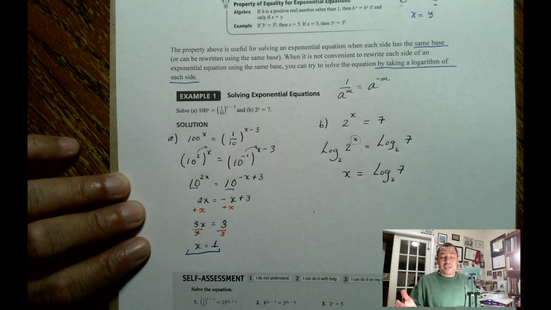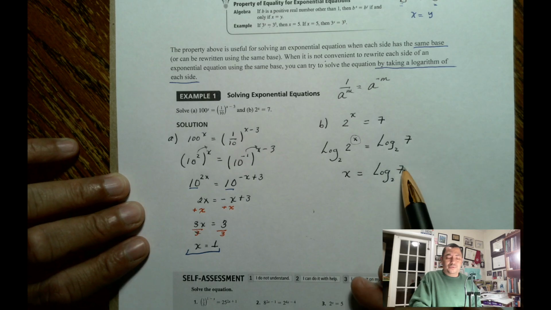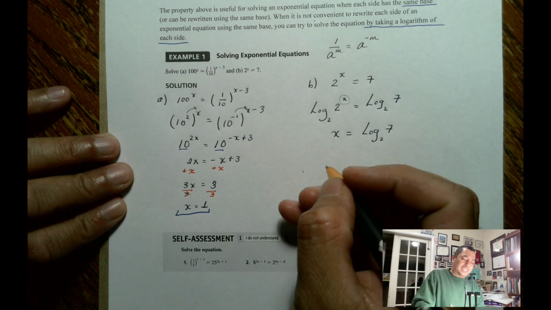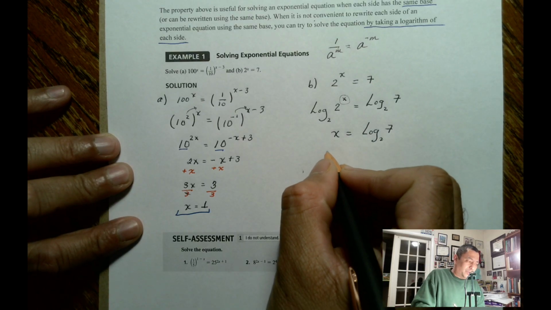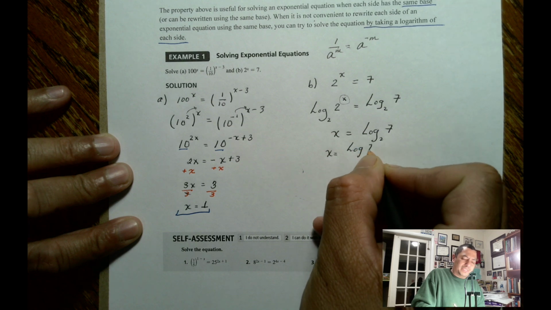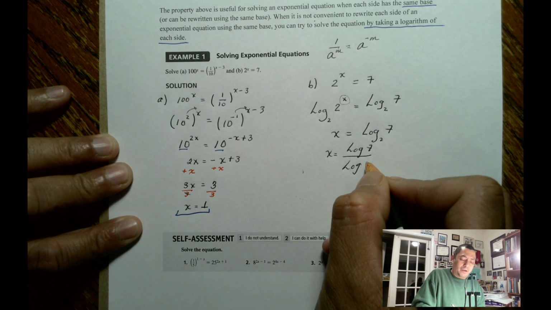We don't have a calculator that is going to calculate log base 2 of 7 unless we use decimals. So in this case, we're going to use the change of base formula. So x is going to be equal to log of 7 over log base 10 of 2.